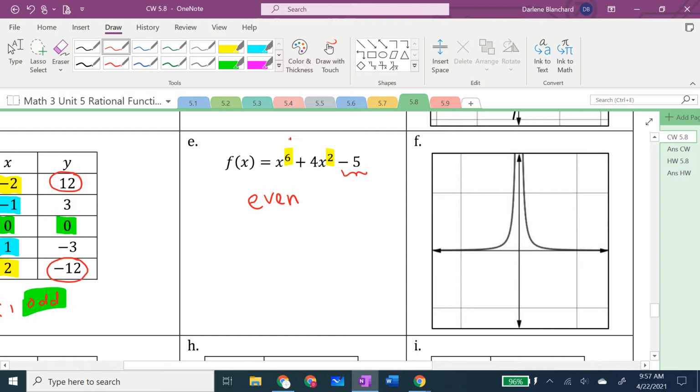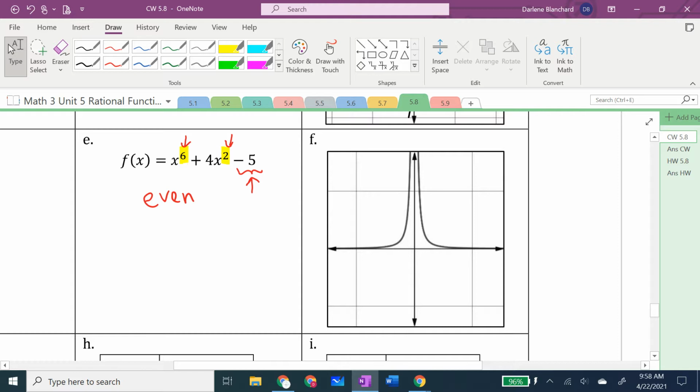However, if the 6 and the 2 exponents were both odd numbers, having this extra subtraction of 5 would force it to be neither if those were odds. Only even allows you to do an addition or subtraction, because if you vertically move, you're still symmetric to the y-axis.